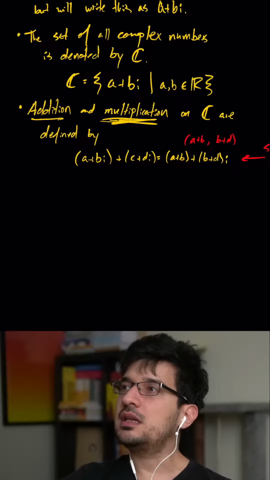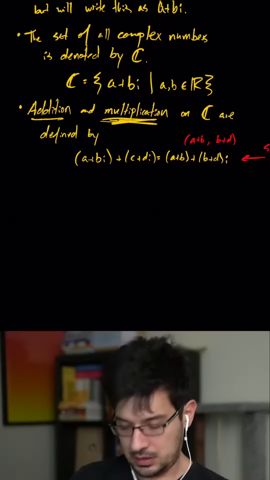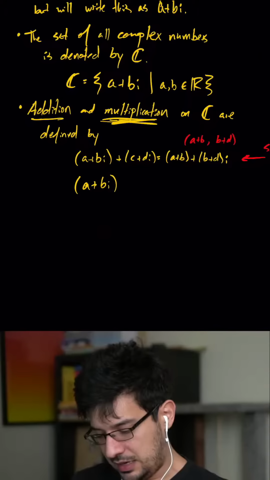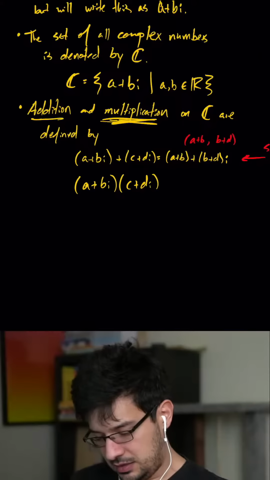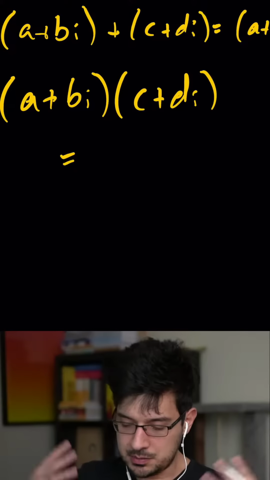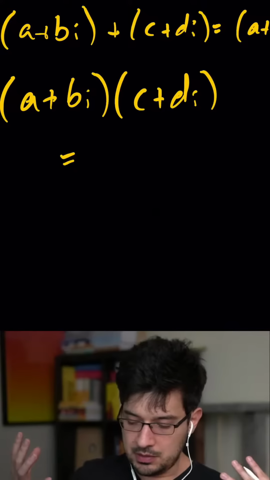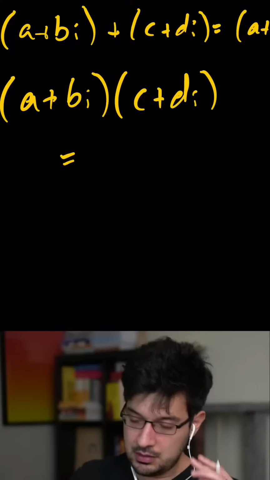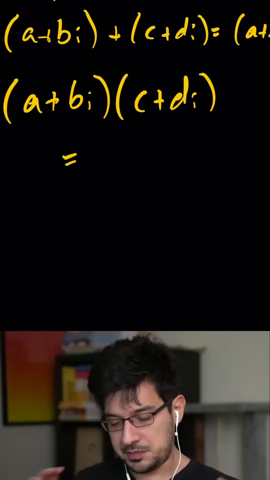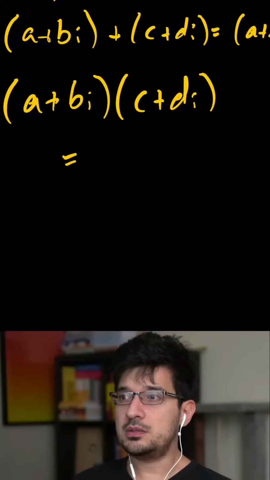Multiplication is defined as (a + bi) times (c + di). And now we multiply this the way that we multiply polynomials.